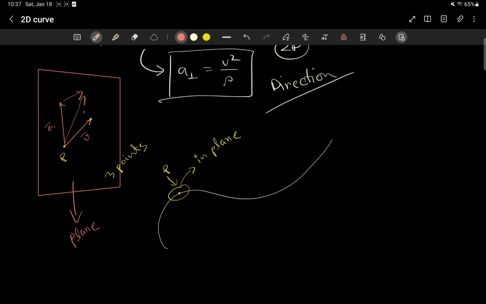Let's say it can be here like this, or this acceleration might not have the full component in this plane. There can be a component, dA dt, in the perpendicular direction, and this perpendicular direction will take, at the next instant, the acceleration and velocity vector to be something different. The plane will be something different.